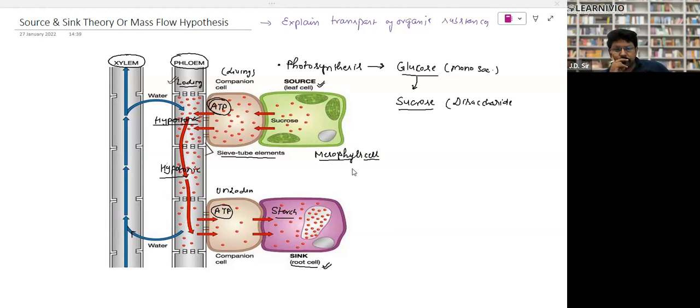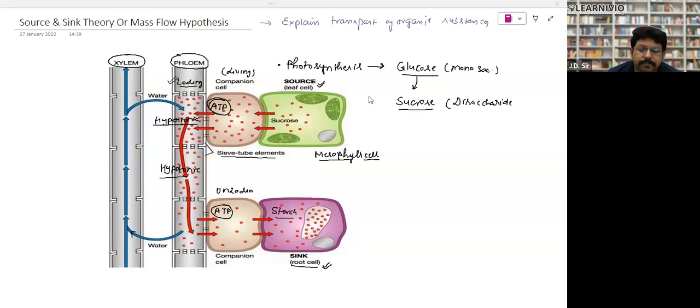Movement of sucrose takes place from mesophyll cells to the nearby companion cell by a passive process. Full stop.